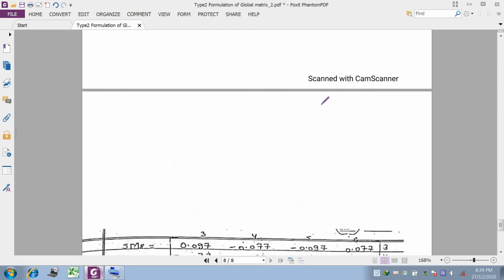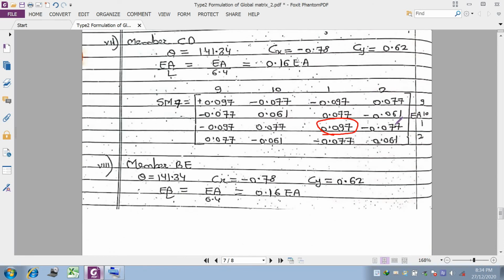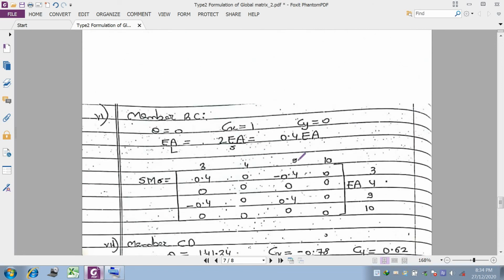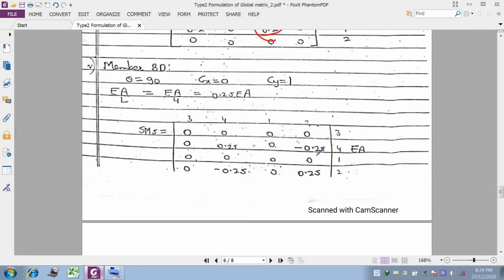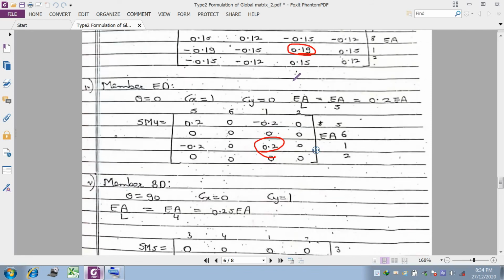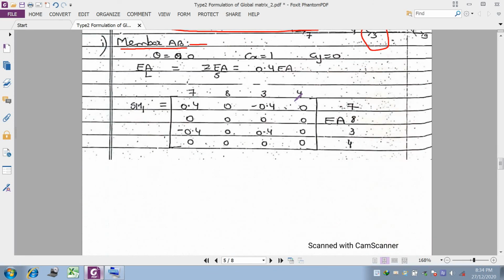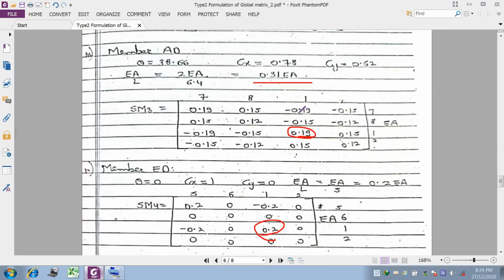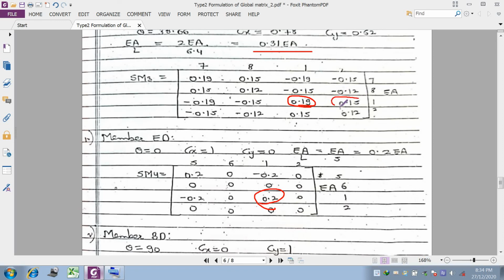0.487. Then we have to consider the next part, 2 1. Let us see, here 2 value is not there, here 2 1, yes, here it is there, minus 0.077 is there. Here 2 1 is 0, no need to consider. Then the next point, 2 1, here it is there, 0.15 is there.